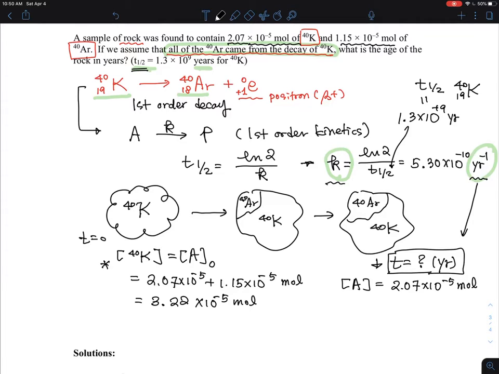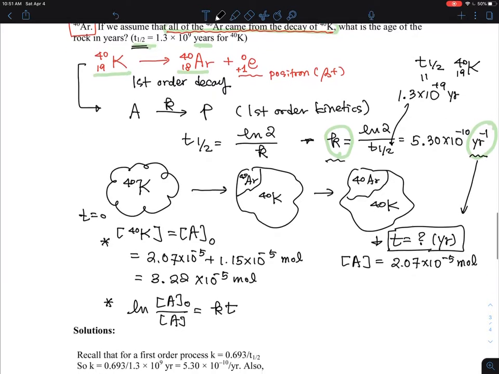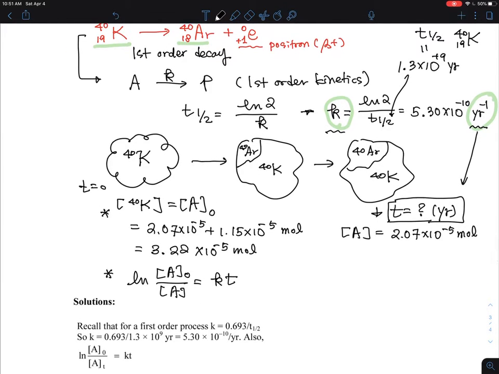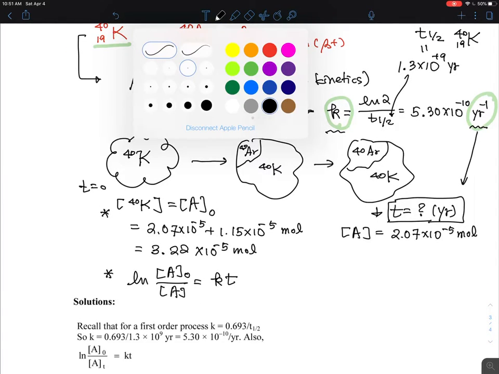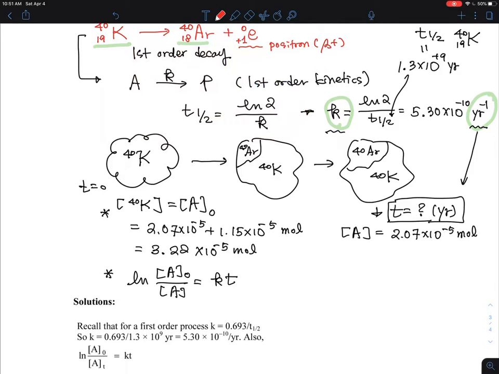Then I am going to use this equation, which you can also find in the reference table: ln(A naught over A) equals kt. And that's the one you want to find out. In this video recording, this equation is essentially something you can just plug in and get the answer.